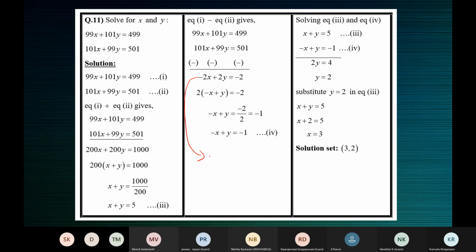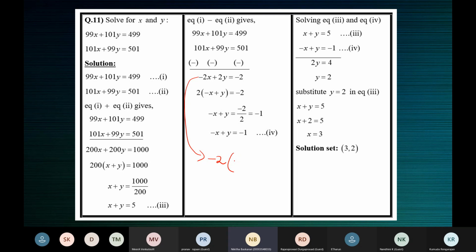So I think this should be useful for everybody. You can take out 2 common or minus 2 common. Supposing you take minus 2 common, what will you get in the bracket?